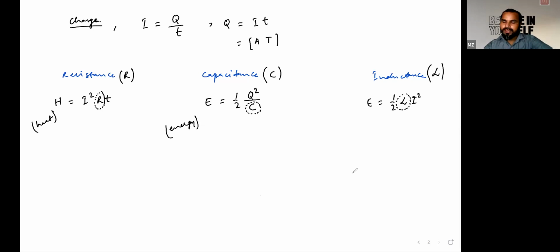Try to solve the next part. Abhinav, solve the first part.